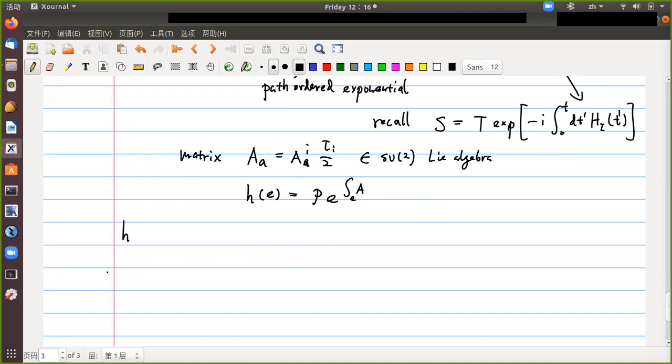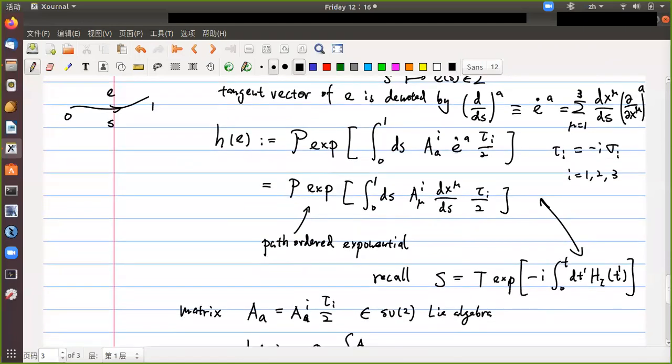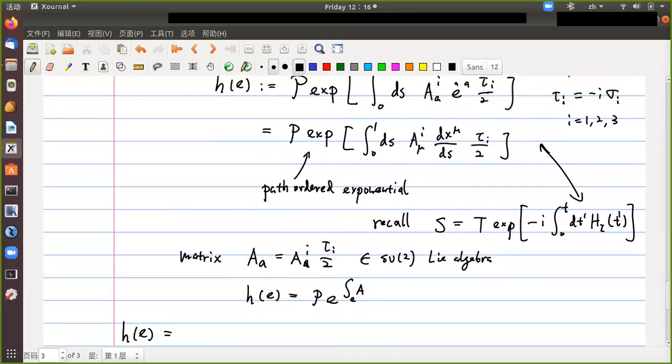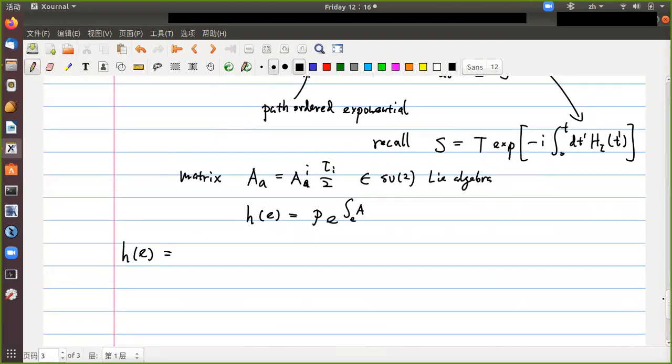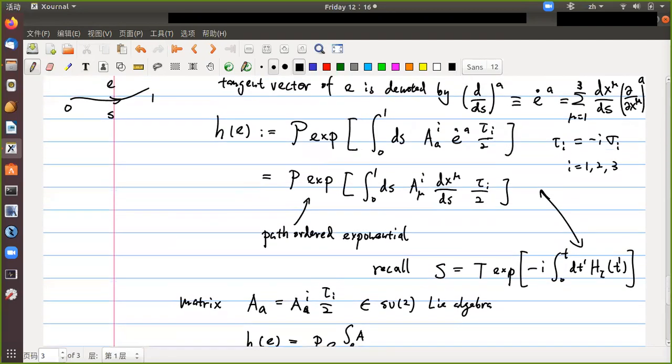So now the holonomy equals, you can try to expand this exponential, and this path ordering, you can view this P as an operator, and this operator is a linear operator. Okay, so one sentence before we come to that.